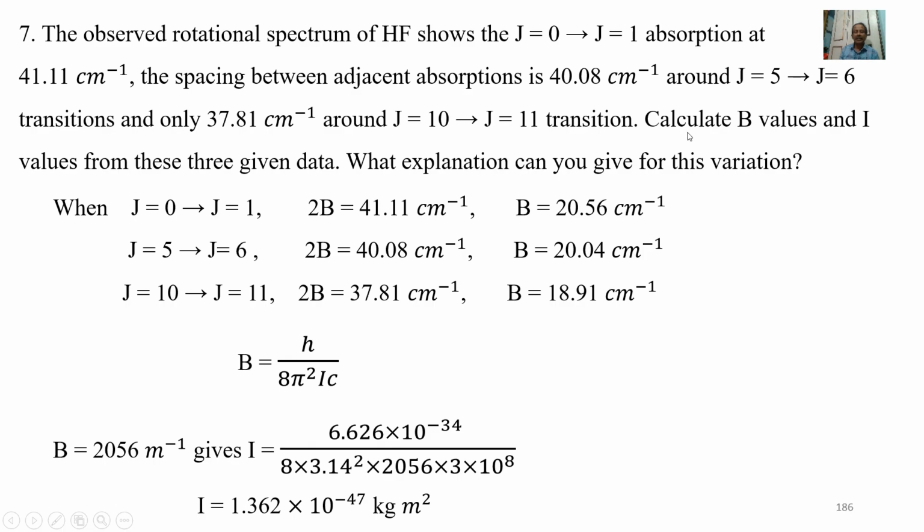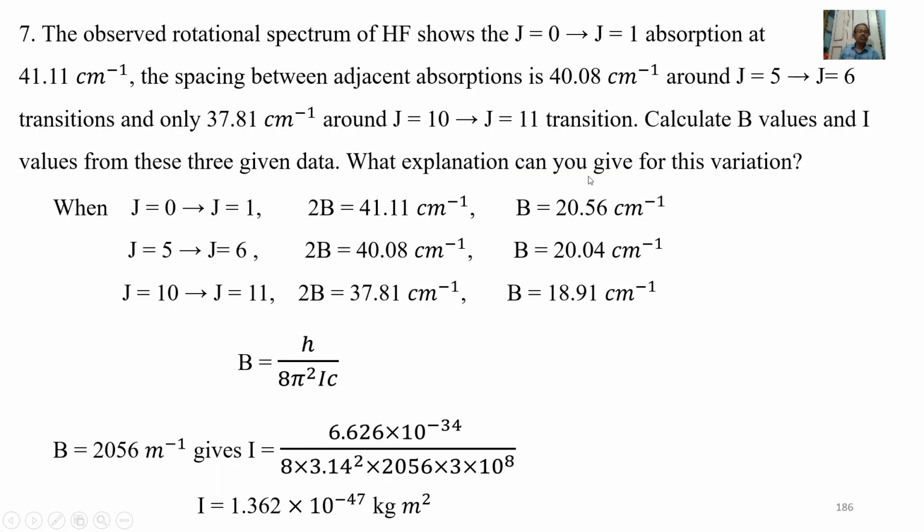Calculate the b value and I value from these three given data. So you have to calculate the b values and I values for these three transitions. What explanation can you give for this variation?